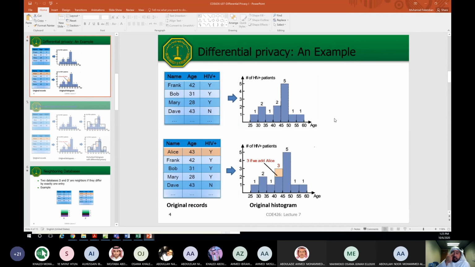The other application is, again, we talked about the census data from the US, like the statistics authority. They survey people and construct demographic data and so on. And they found out that the data they publish is vulnerable to data reconstruction attacks. So they are using differential privacy right now.